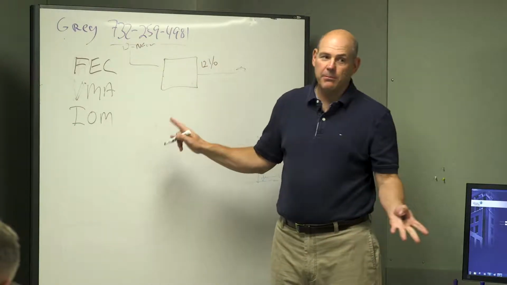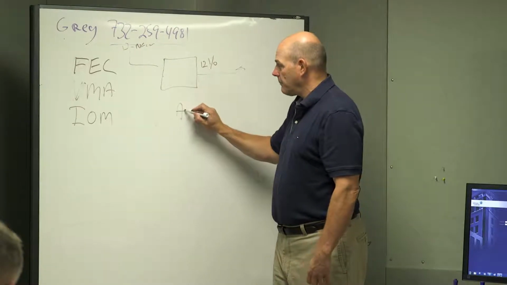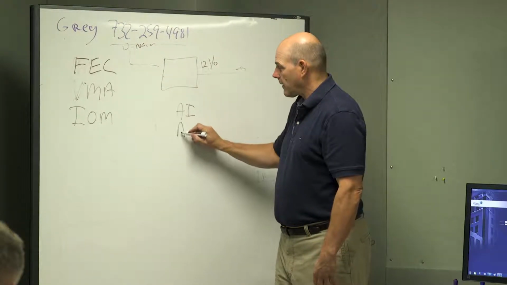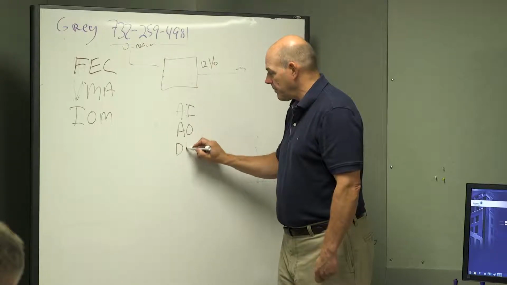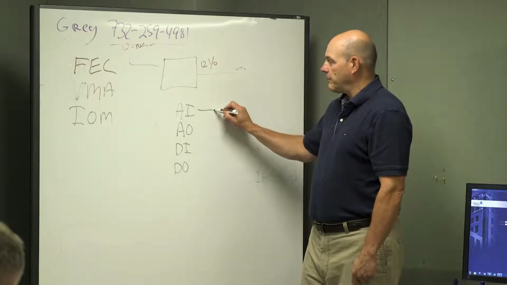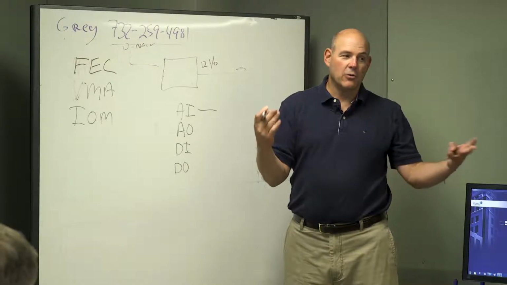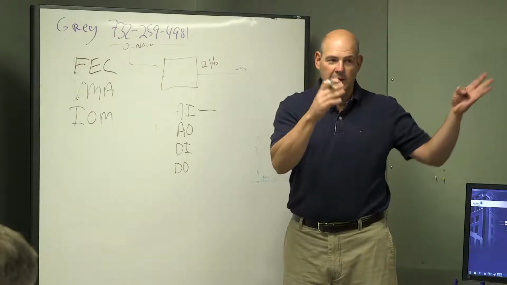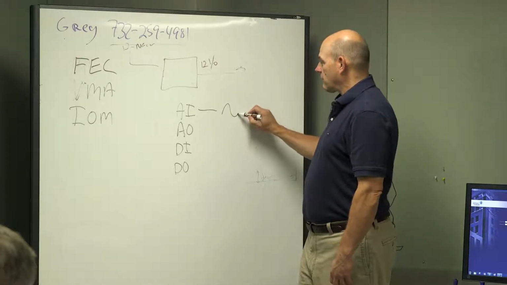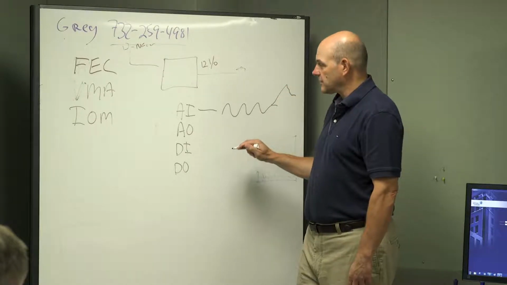You have 4 types of points that you should look for on this graphic: analog input, analog output, digital input, digital output. An analog input is a temperature sensor that'll keep changing. So if you have the cooling tower and you want to know what the temperature is, on a chart graph it would keep moving up, down, or in a different direction.